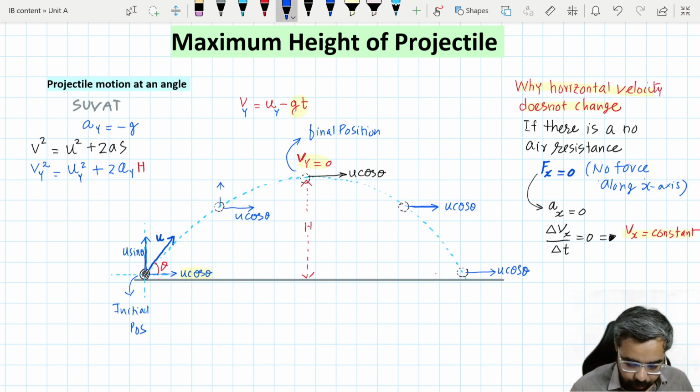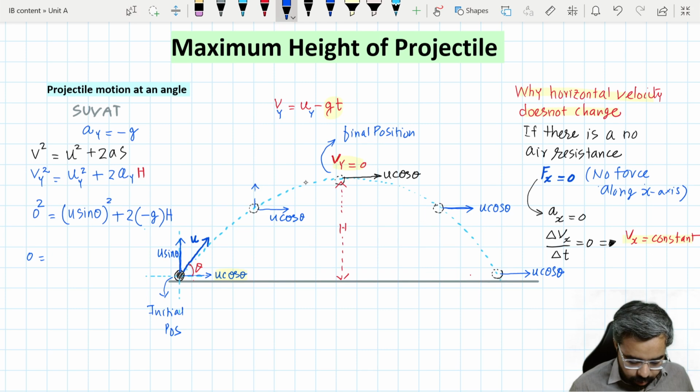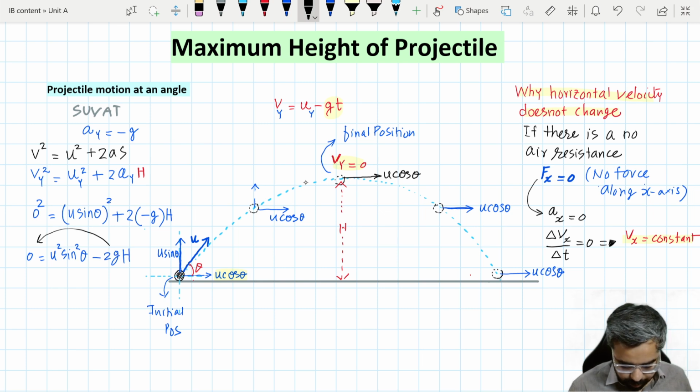Now we have to find it, so let's put in the values. 0 squared equals, what is uy? It is u sine theta, whole squared, plus 2 into negative g into h. So it is u squared sine squared theta minus 2gh. If we take this negative 2gh to the other side, it becomes positive.